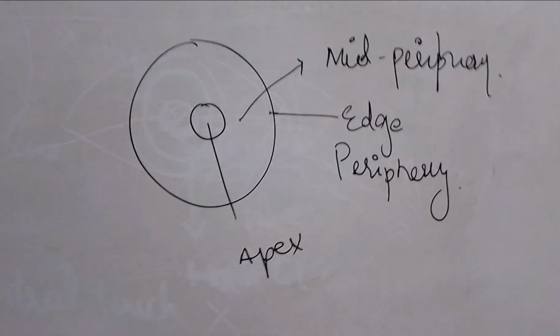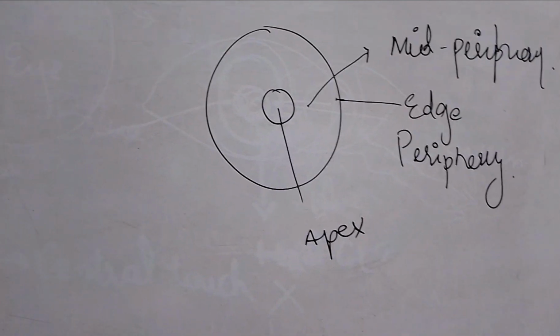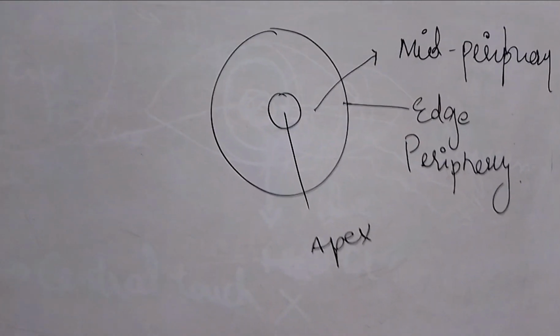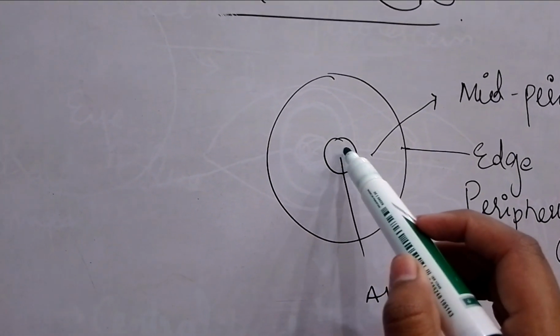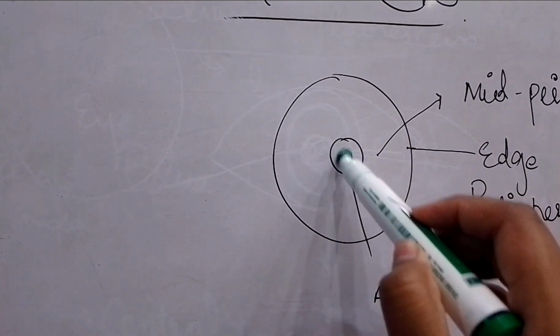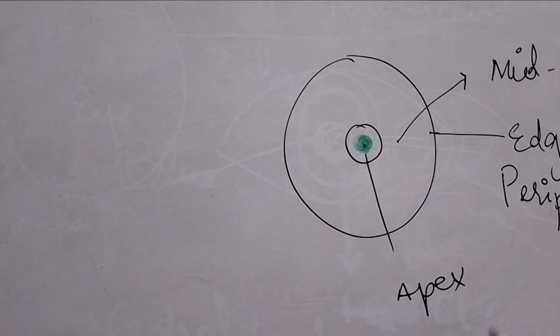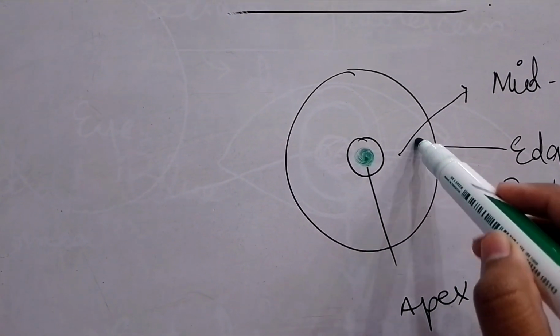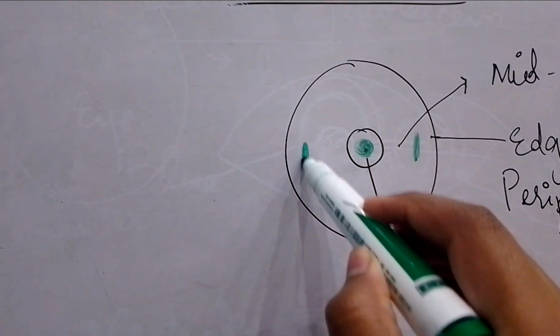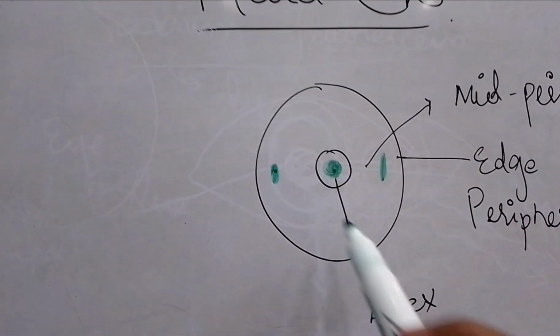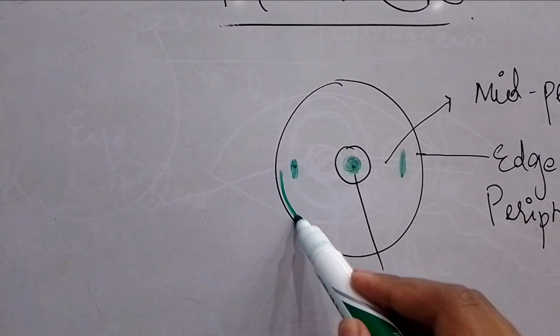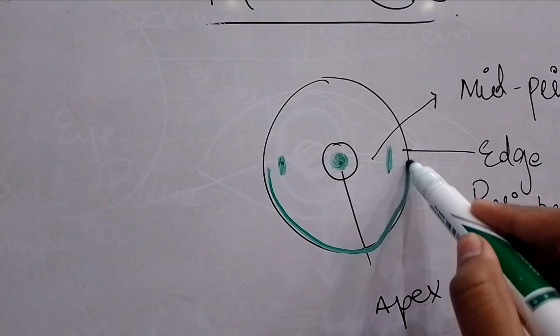So the contact lens ideally should have 2 things. It should not be touching the cornea in the center, but it should be touching the cornea at the mid periphery, and again there should be no touch in the periphery, right?